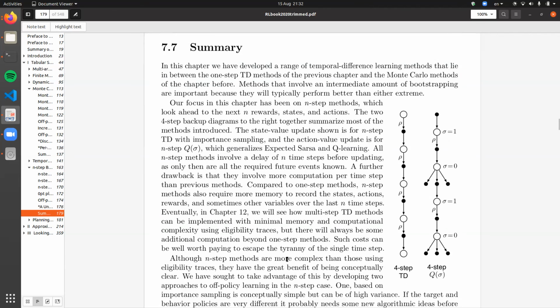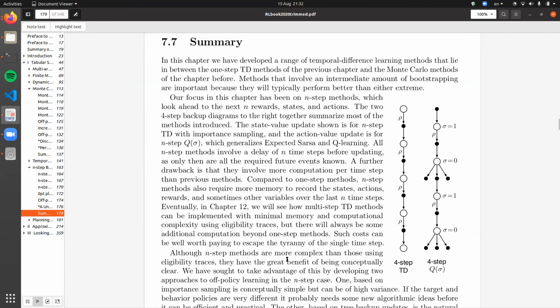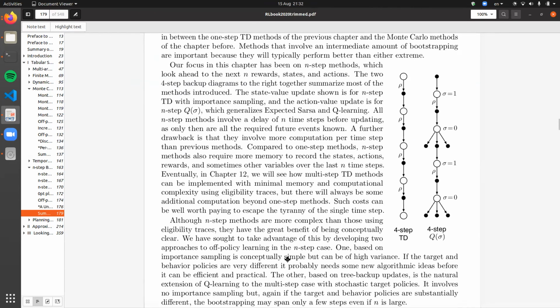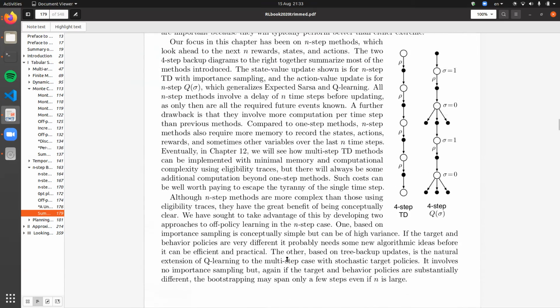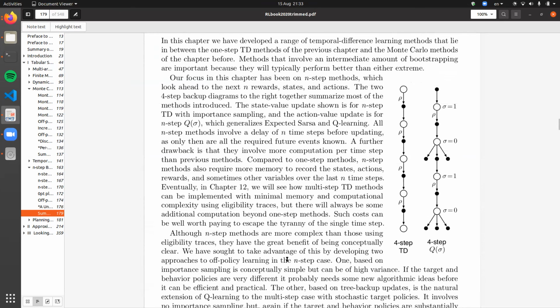So that is our n-step bootstrapping, and we are moving towards the end of the tabular methods part of the book. We will get to the approximate solution methods in 2 weeks.